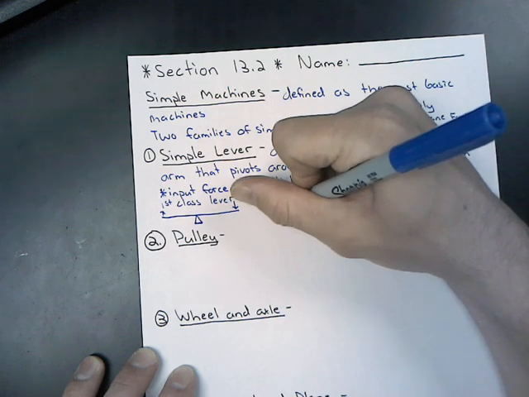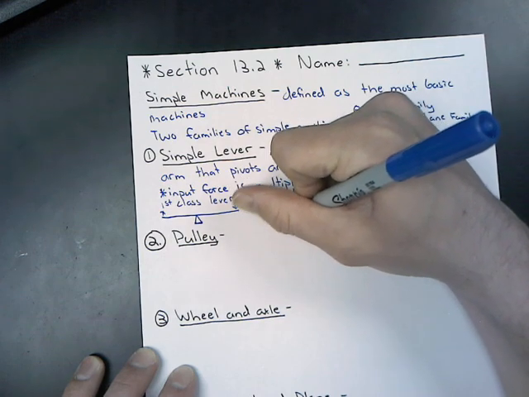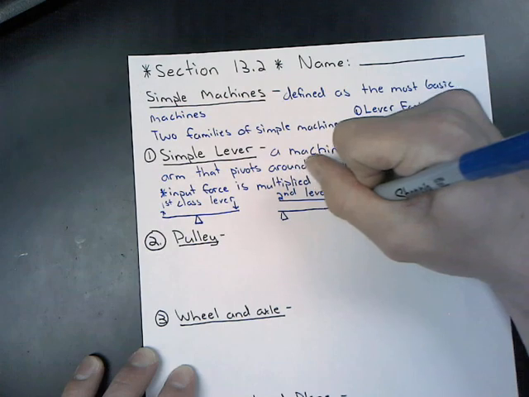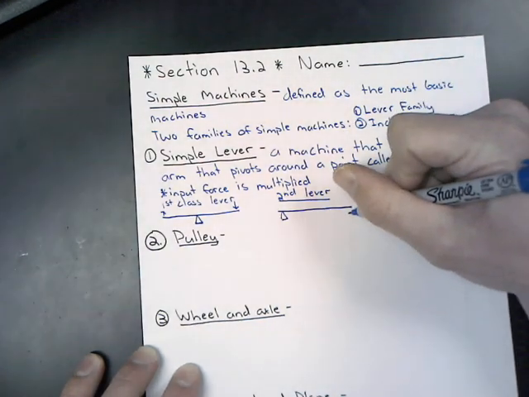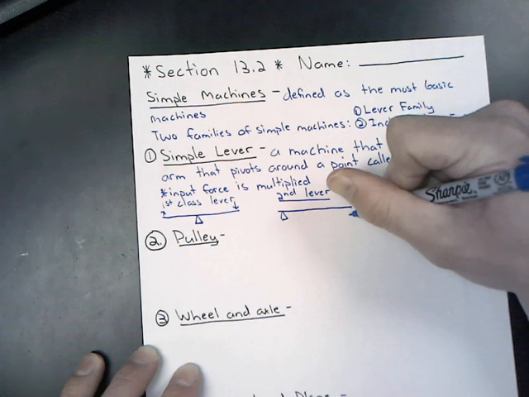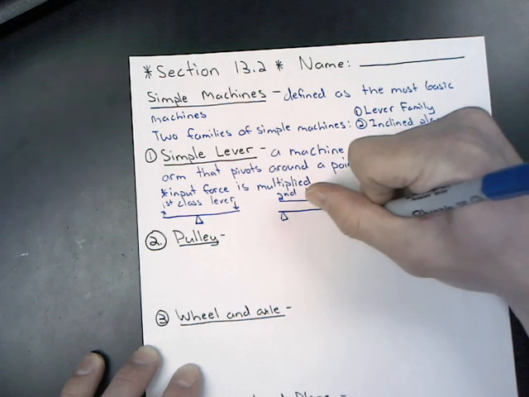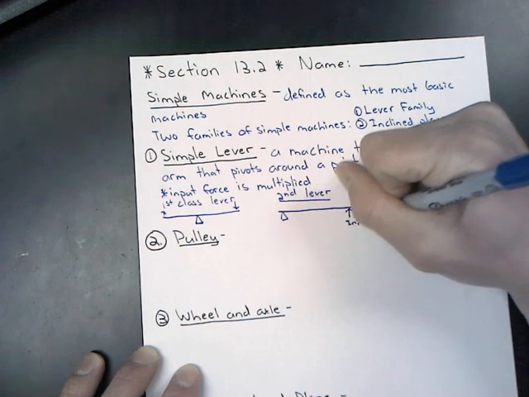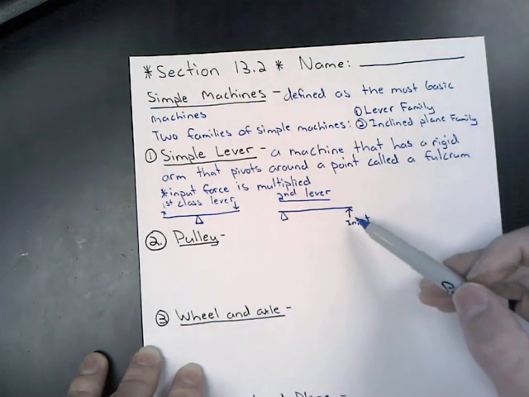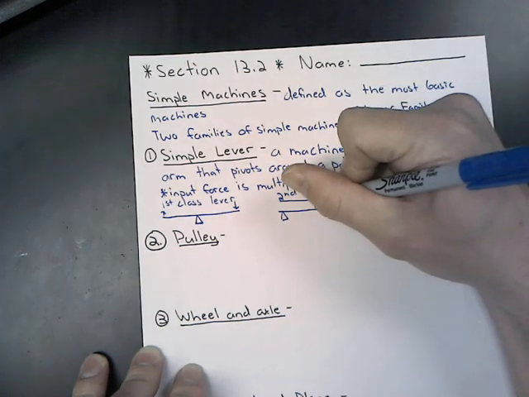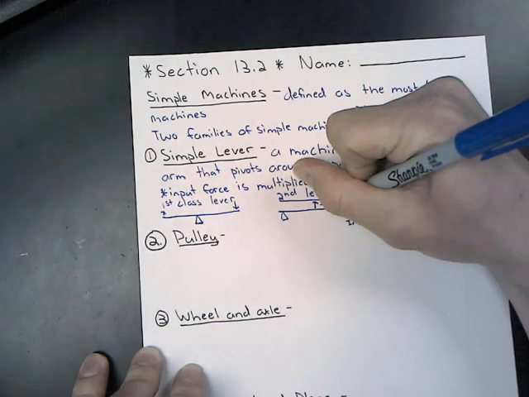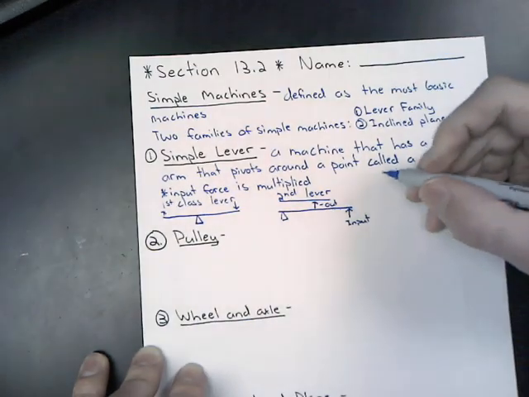So in a second class lever, you're going to have the fulcrum way on one end, and this is the difference. The input force is this upward arrow, so I should put input, and then the output force is going to be seen in this upper direction. So right here, this is the output.